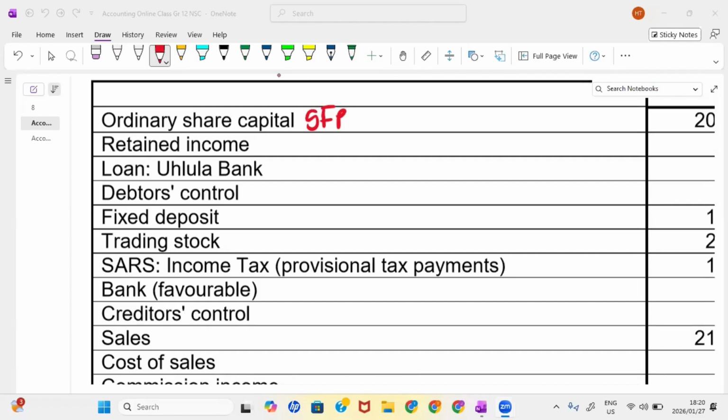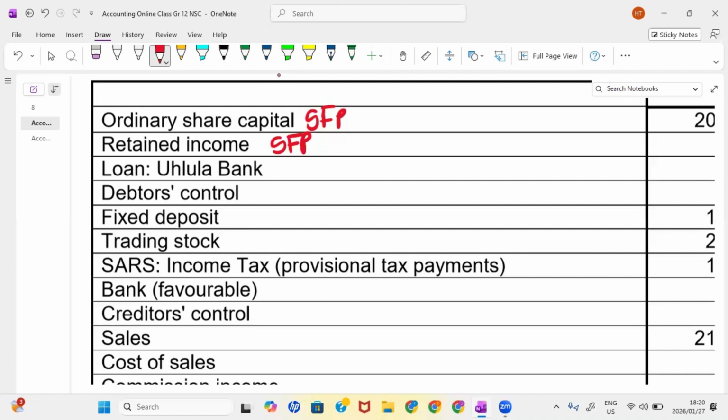It goes to the statement of financial position. So you can never find ordinary share capital or retained income in your statement of comprehensive income.